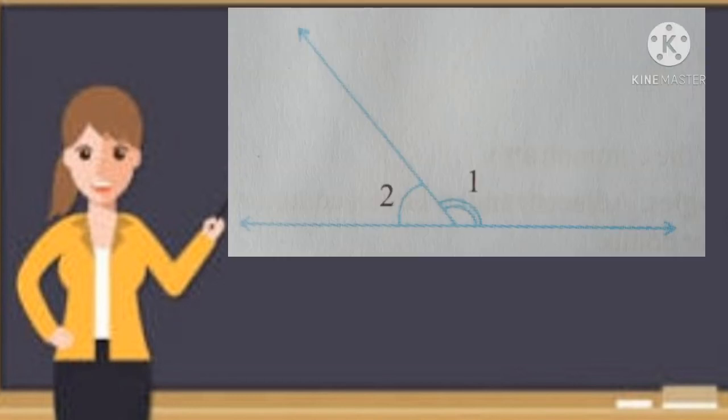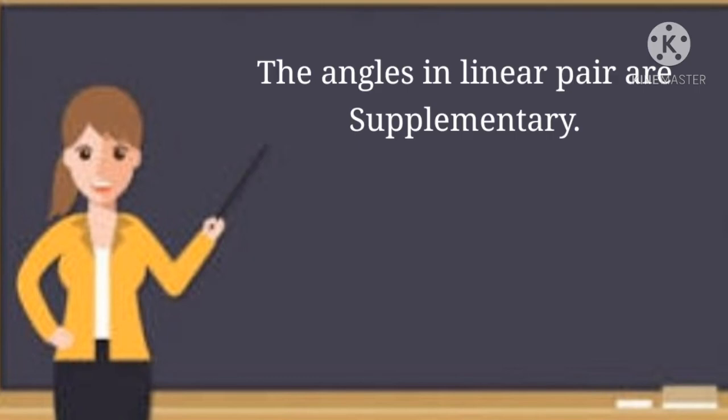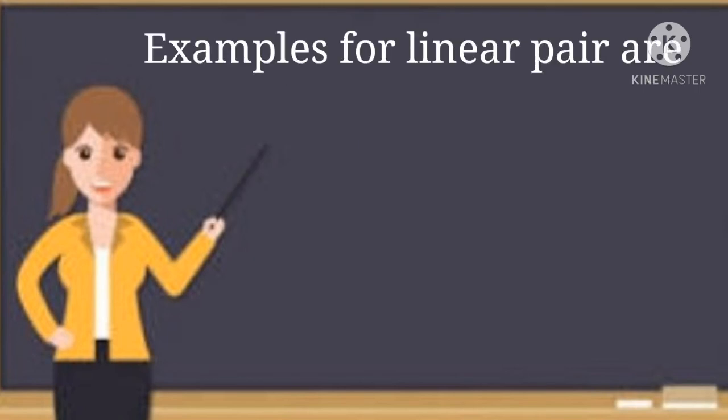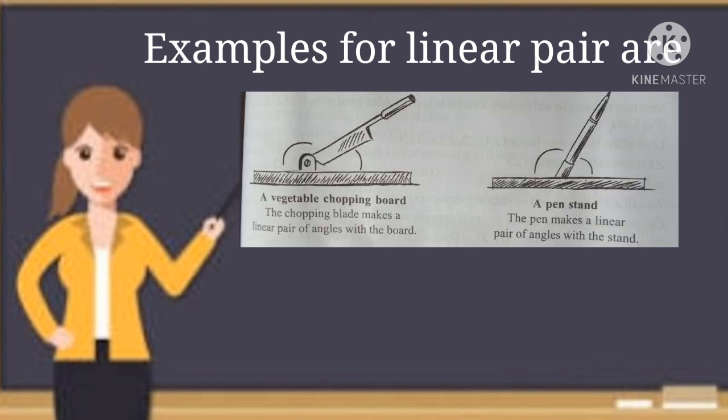In the above figure, the non-common sides are opposite rays and angle 1 plus angle 2 equals 180 degrees. So they are a linear pair. The angles in a linear pair are supplementary. Examples for linear pair are a vegetable chopping board and a pen stand.